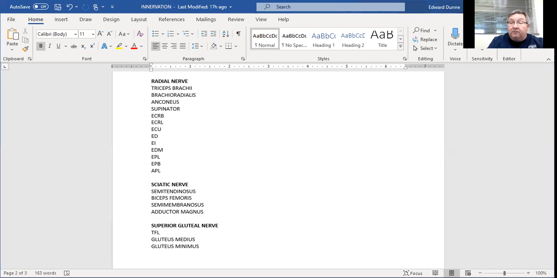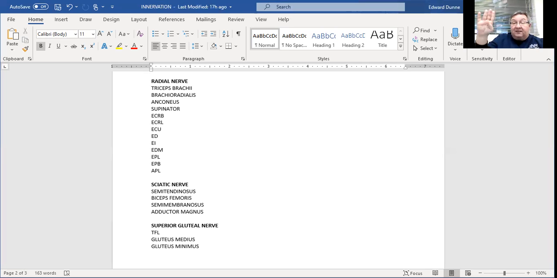Extensor digitorum extends digits 2 through 5. Extensor indicis, that is EI, extends the index finger. Extensor digiti minimi extends the pinky finger. Extensor pollicis longus and extensor pollicis brevis both extend the thumb.